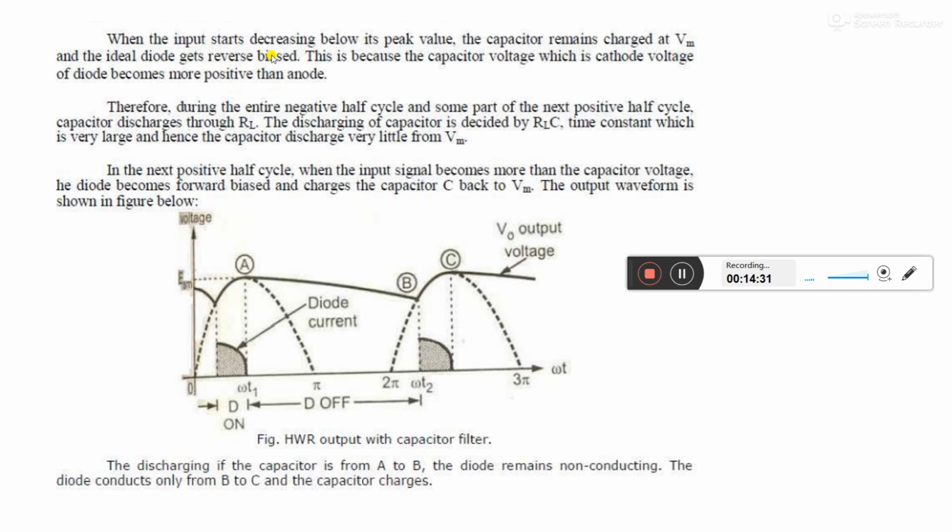Here the theory is similar to the diagram. When the input cycle rises from point B up to the maximum value, this rising portion is treated as the charging of the capacitor.